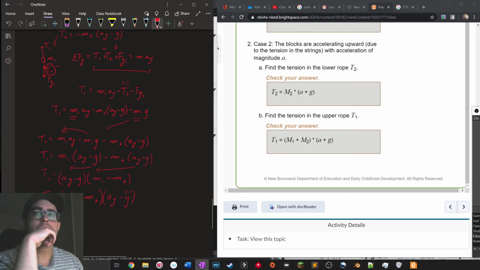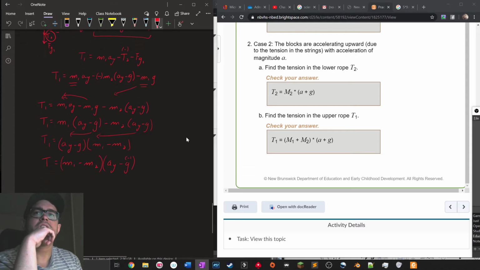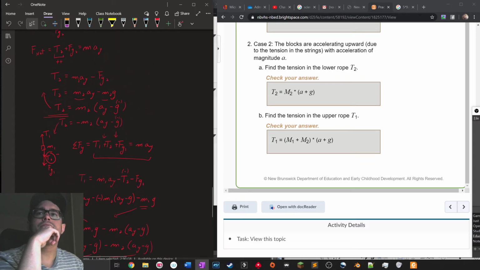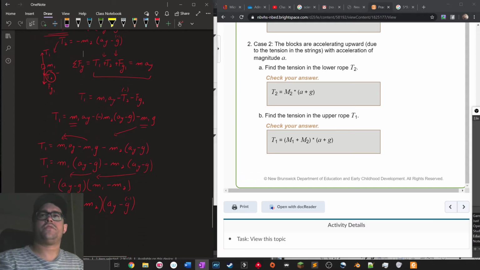And the minus here, there is another minus here. Should I put it in bracket? That's a good idea. A bracket minus. That's legit. So this minus comes from the fact that this T2 is a negative force. Okay, I think I'm going to review this, but let's go with this for now.